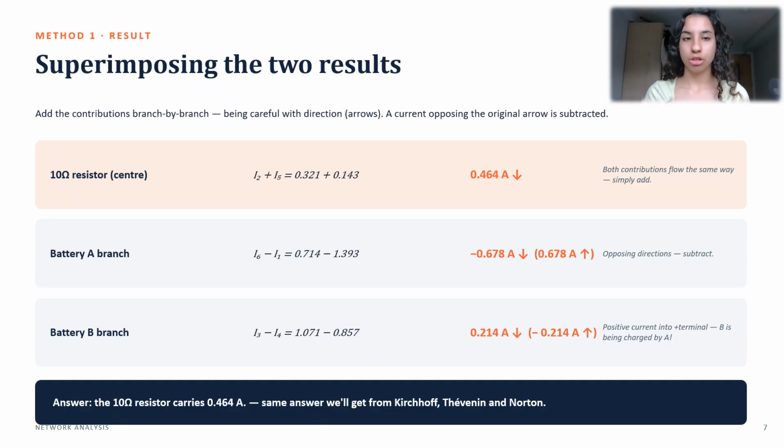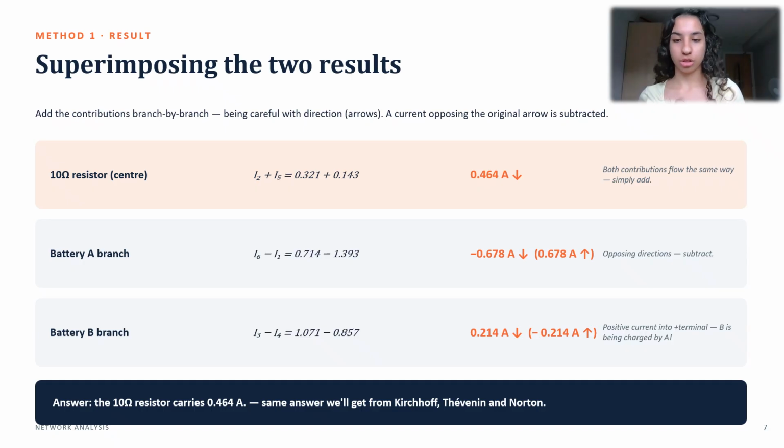Battery A branch, so when you get I1 and then you branch it, you get I2 and I3. I1 will be opposed to I6, where you have to do I6 minus I1. You will end up with negative 0.678, which means if it's negative, you just switch the direction, which goes upwards.